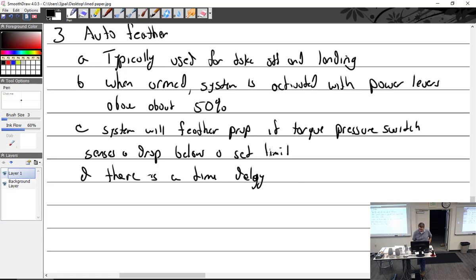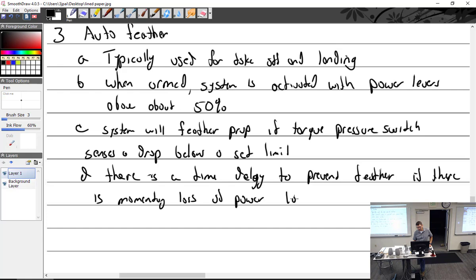DLAY, time delay to prevent feather if, this kind of worries me, if there is a momentary loss of power. One or 2 seconds. That's a long damn time to have a loss of power.